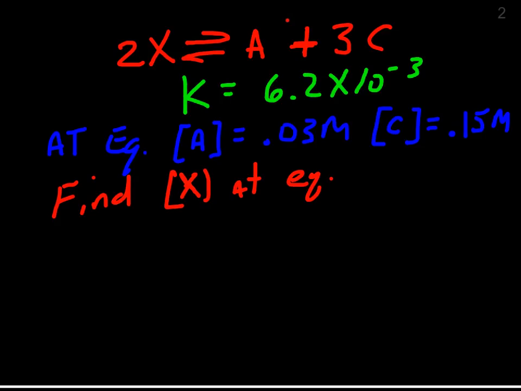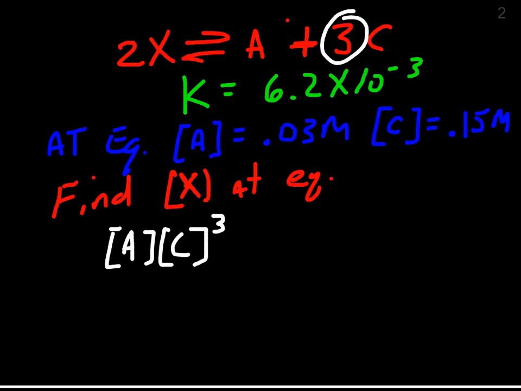Alright? So it's really not that tough. I'm going to do the same thing again. I'm going to set up a mass action expression stating that it's going to be the concentration of A times the concentration of C cubed, the cubed again coming from that coefficient 3, divided by the concentration of X squared. Alright? So I'm just going to plug some numbers in there.